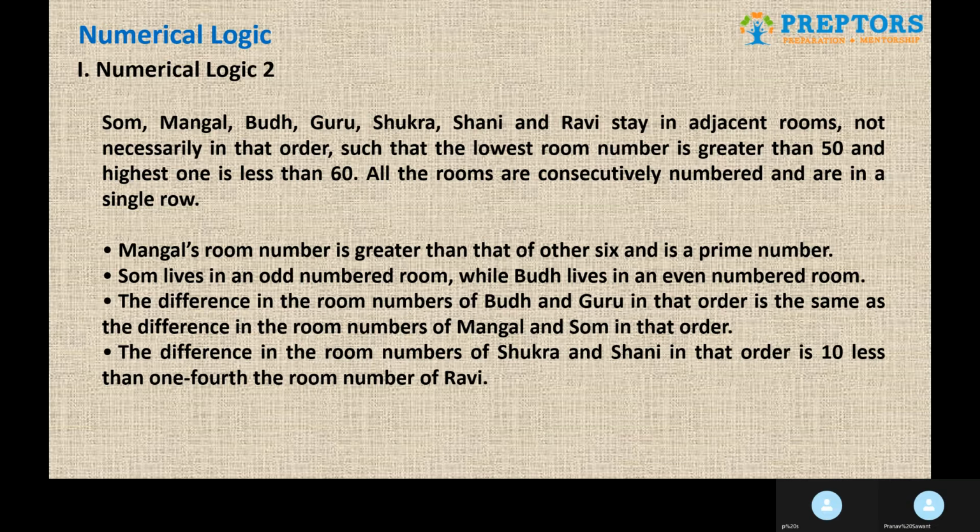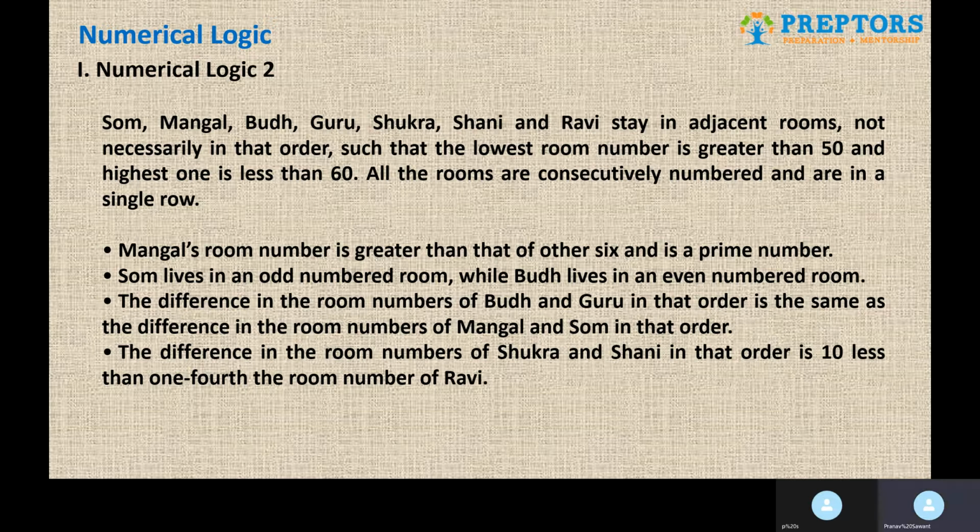Hence, 53 is not the room number of Mangal. So the other option left is 59. Hence Mangal's room number is 59 and the other six would be 58, 57, 56 and so on.